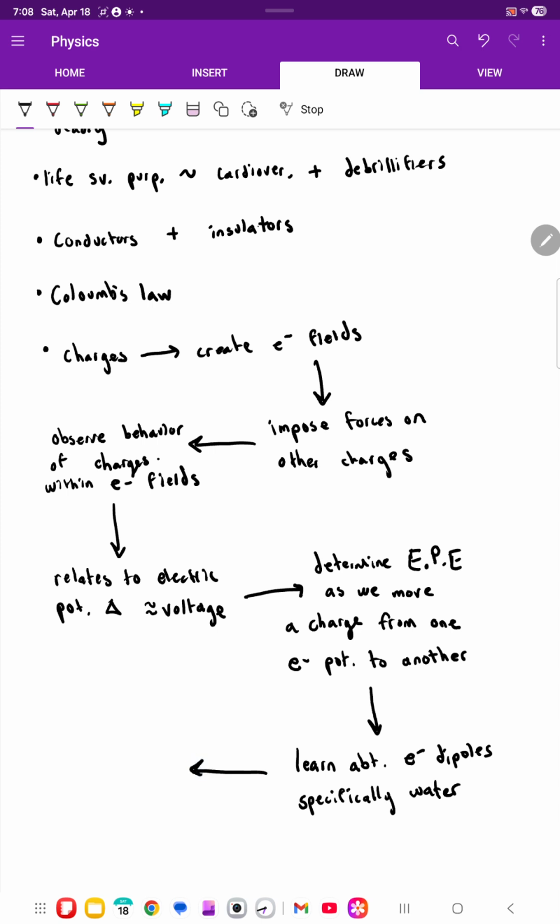And we'll tie all of this in. Finally, we'll explore topics of magnetic fields and forces.